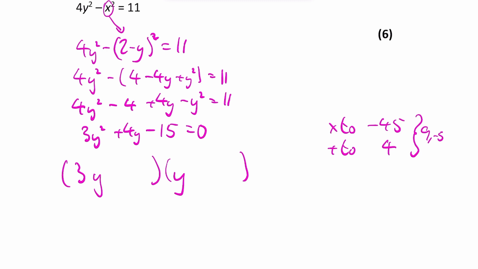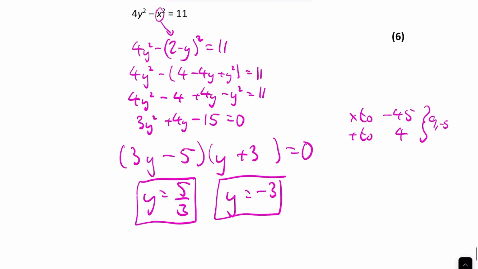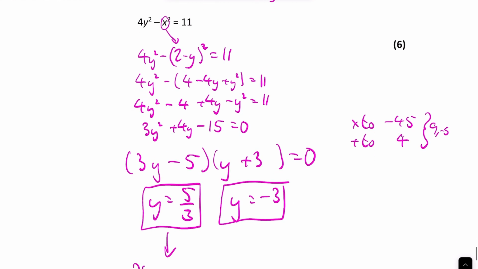So if we go to the answer, now that I have one that I can actually do, I believe we get y plus 3 and 3y minus 5. So y is 5/3 and y is negative 3. But you've got to remember that you also need a corresponding x coordinate. And we said x is equal to 2 minus y. So x is what, 2 minus 5/3, which gives us 2/3.